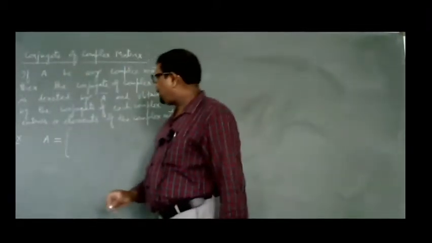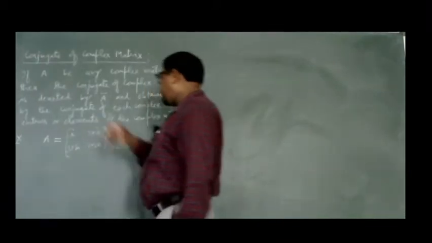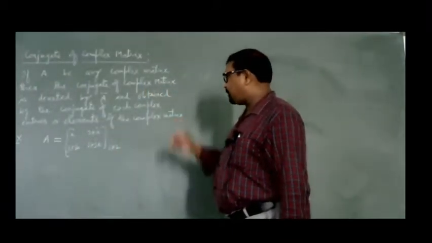That is, for example, if A is any matrix of order 2 by 2, here is i, 2 plus i, 3 plus 2i, 5 plus 3i. This is the complex matrix. Just you want to find the conjugate of this complex matrix.